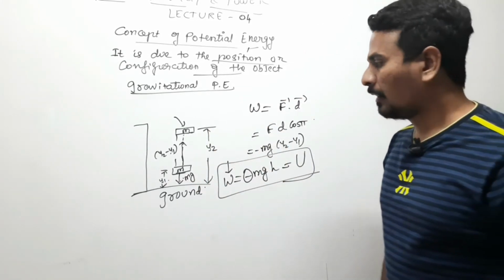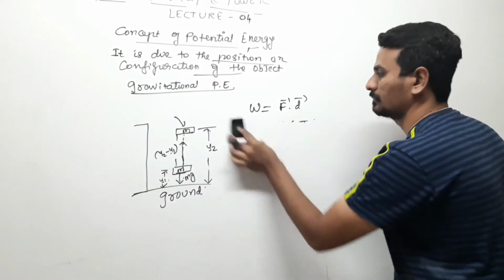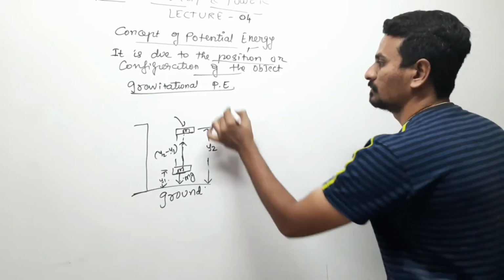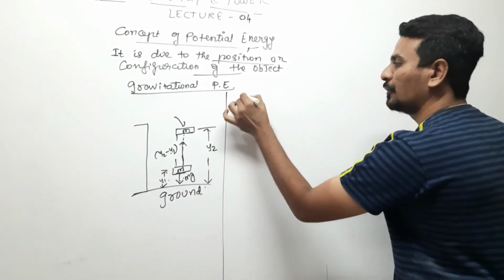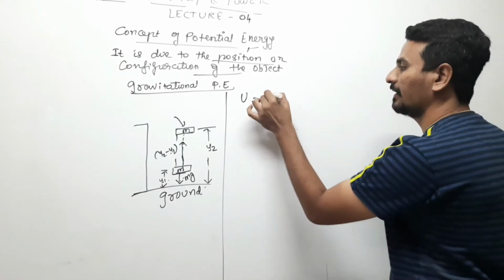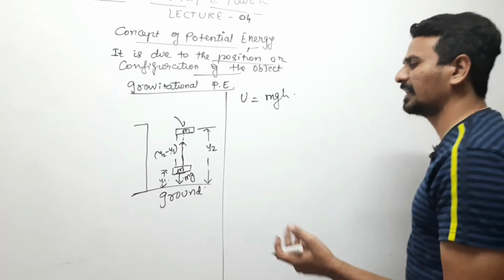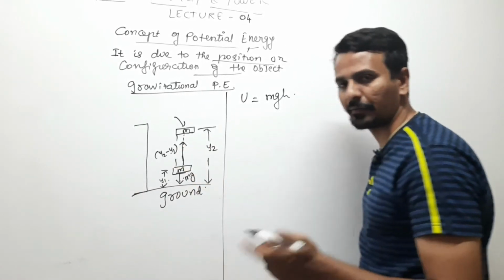Clear? Okay, now value wise, potential energy is denoted by U, and potential energy is mgh, or you can say it as mg(y2 minus y1), whatever.